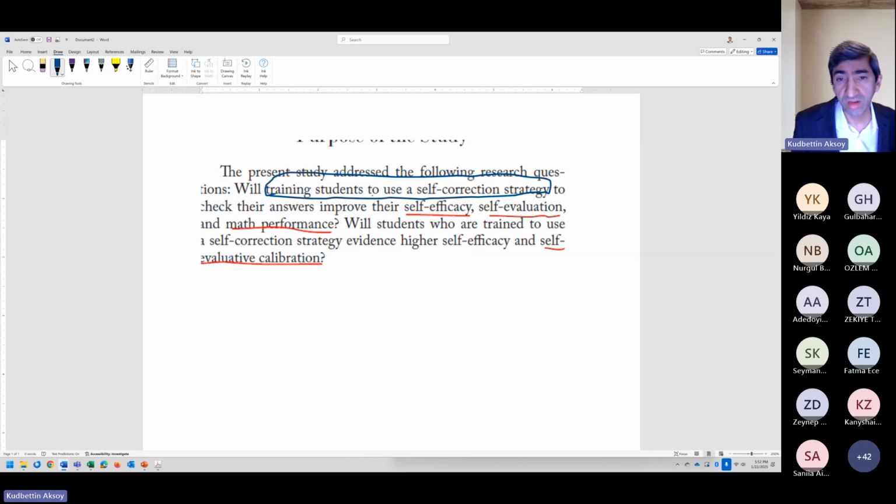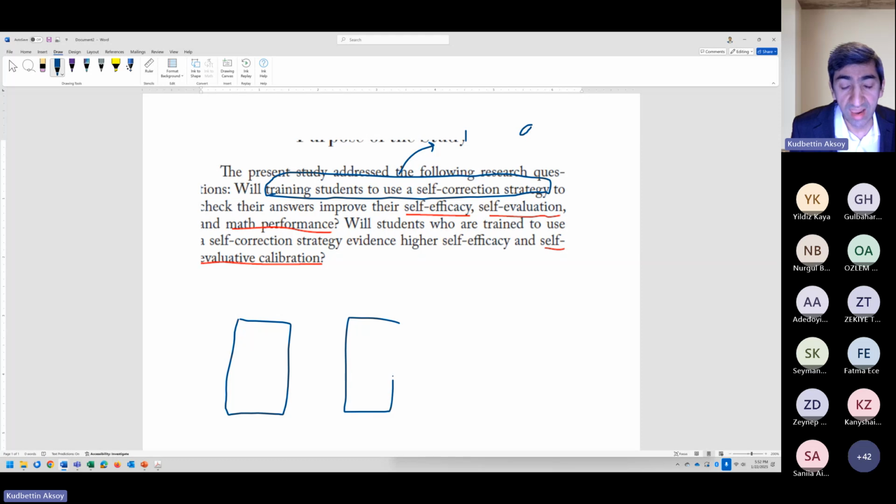And this variable is categorical, 1 or 0. So typically, a researcher will have two groups of students. Because it's categorical, they will put some students here, some students over there. These students will be those who use the self-correction strategy. We don't know what that is. We will see how it is operationally defined in a minute. And these students will not use it.